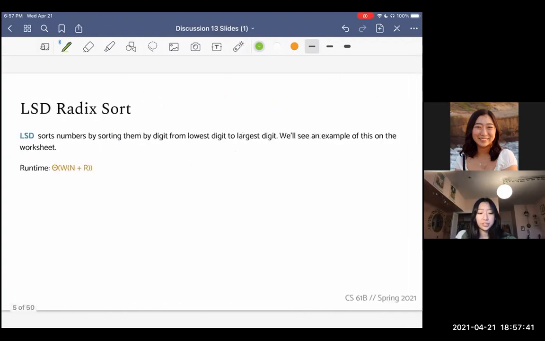So least significant digit is an example of a radix sort. We call it LSD. It's super cool. And it works by sorting digits from lowest digit to largest digit. So the idea would be that if, let's say, we had a bunch of numbers like 4, 0, 3, 2, 1, we would sort this list by looking at the lowest digits first, and then looking at the next digits, and so on and so forth.